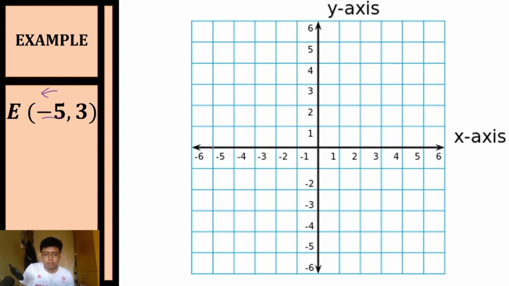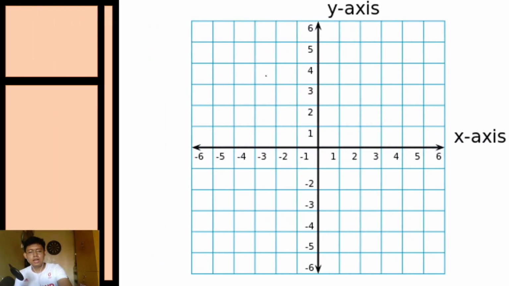And then after that, we're not going to plot it yet. We still have our y-coordinate. Since it is positive, it is going up, 3 units going up. 1, 2, 3. So this will be the location of point E having the coordinate of (-5, 3).